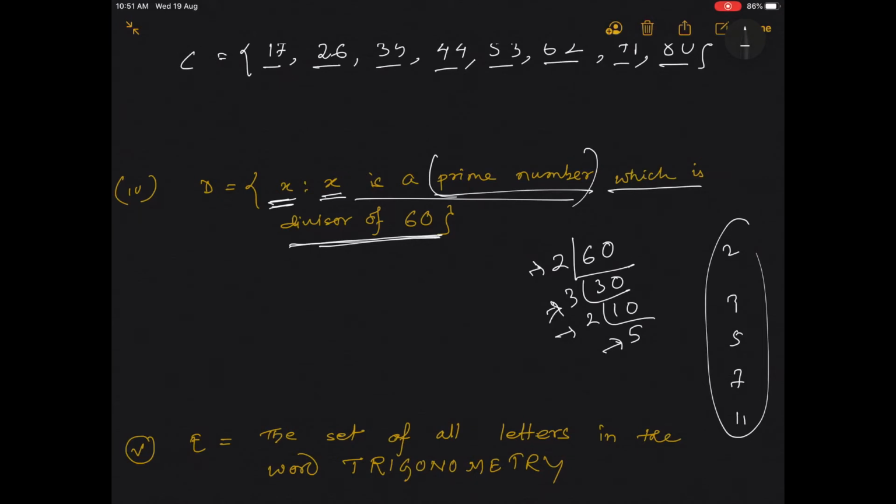So these are divisors of 60: 2, 3, 5. Now we can write D is equal to 2, 3 and 5, and don't write the same number twice. Though the same number appears twice, when you are writing the set, write one element once. Now let's move on to the next.